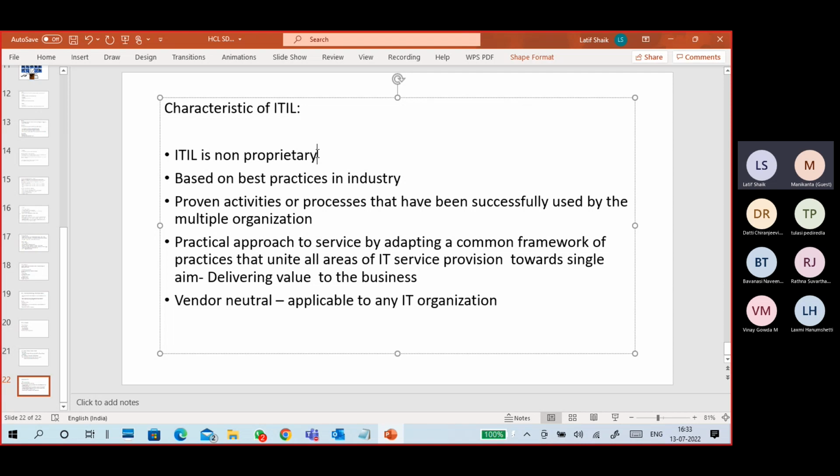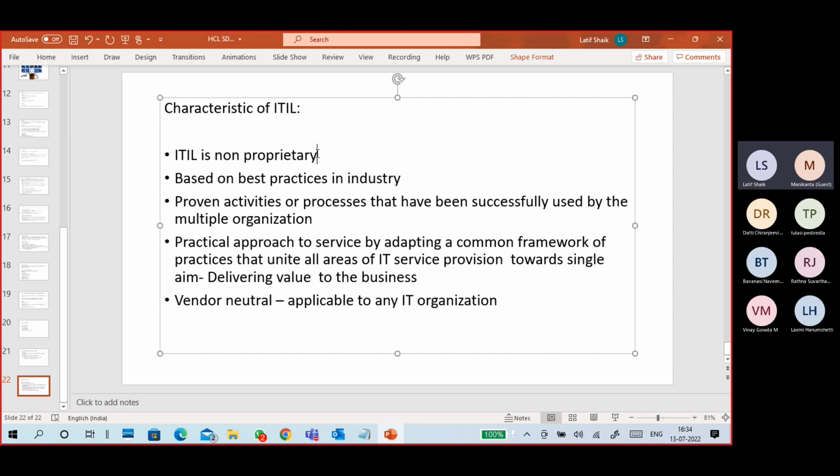Then suggestions are given from the ITIL process, the practice, giving the best result. So instead of failing in the market, it is better to be stable in the market without running at a loss. That is what ITIL means. Initially there is practice, then the rule book is created. The process is created based on the practice, so it is based on best practices from industry observations.